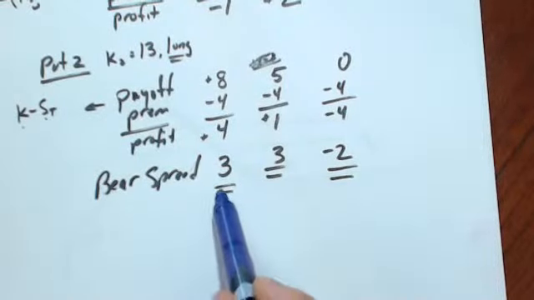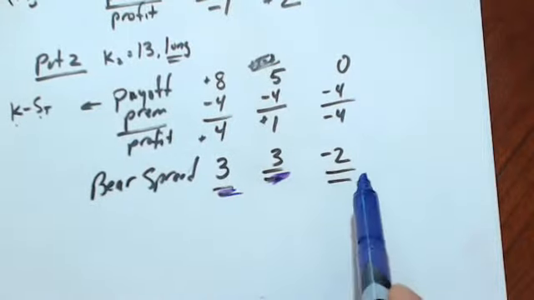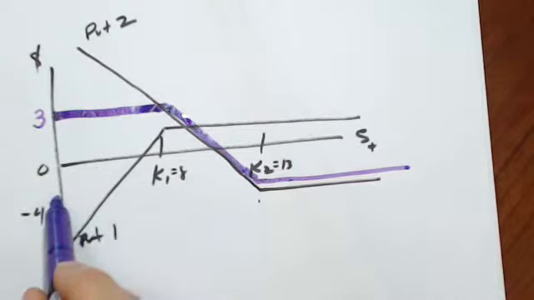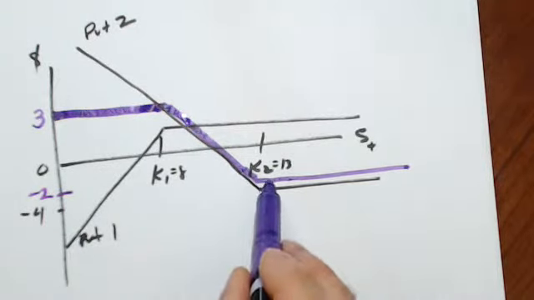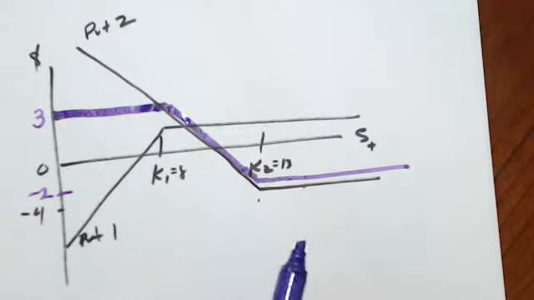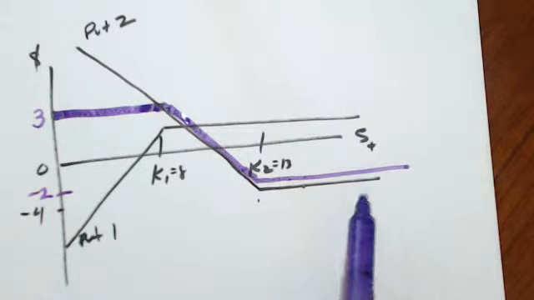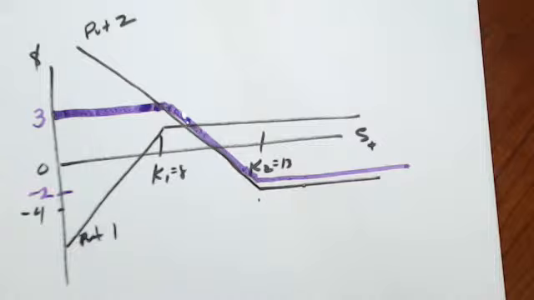This is the $3. I'm graphing that right here. And then the maximum I'm going to lose is $2 on this option. I'm not quite drawing to scale, but this is 4 and this is 2. And so overall, that's going to be my profit profile on the bear spread.